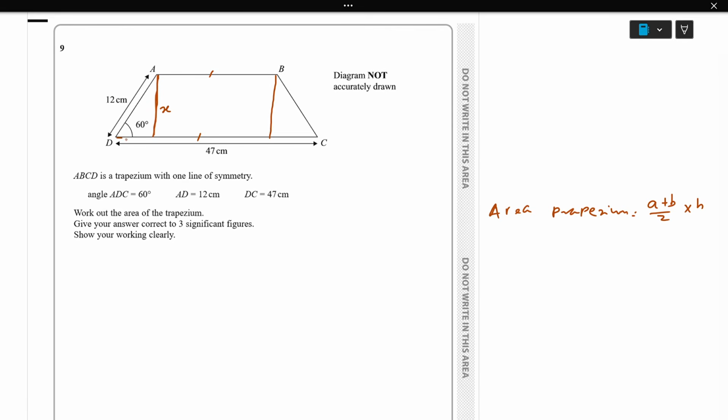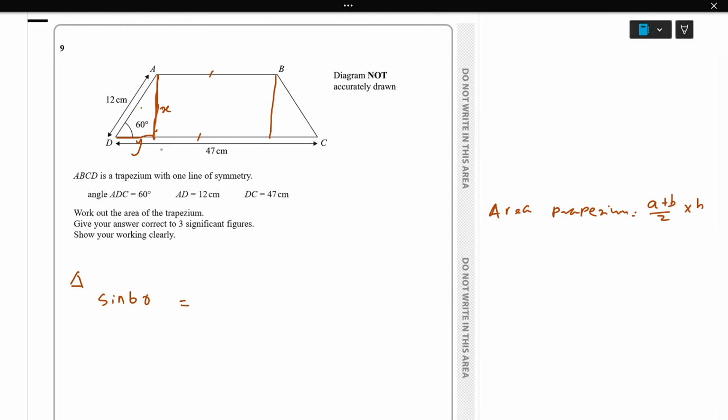First we are going to find the height. This height I will take as x, this length I will take as y. First I'm taking this triangle. Since the angle is here, and I have the opposite side, I'm using the sine ratio.